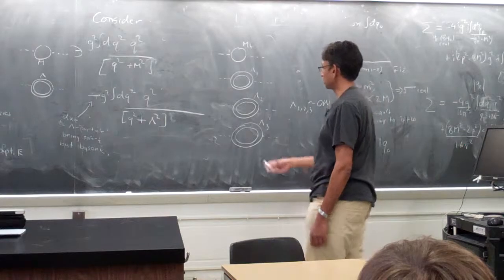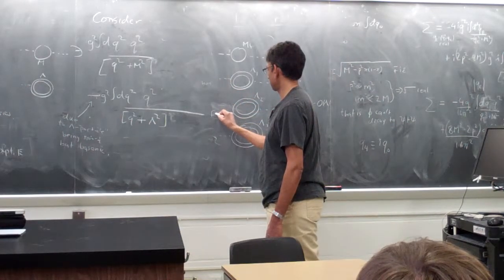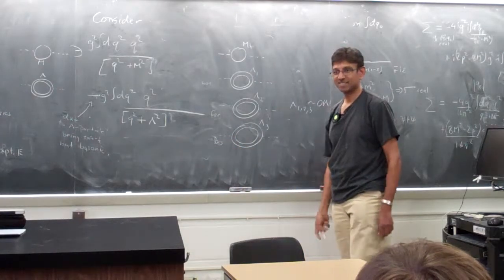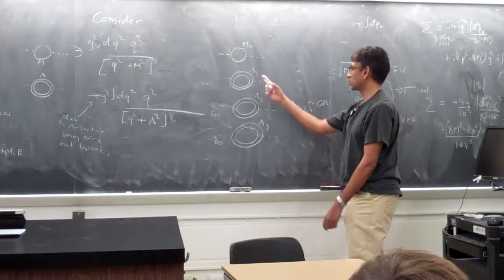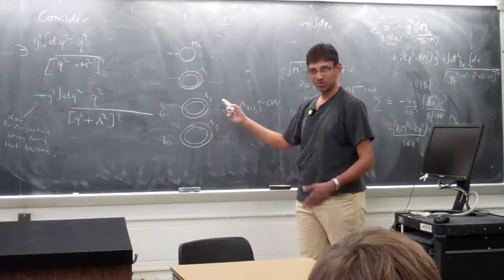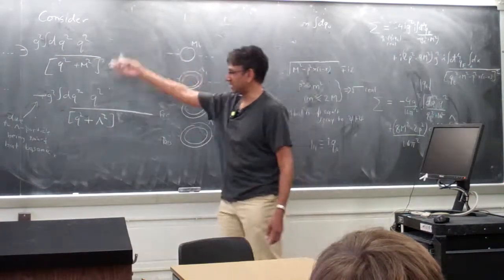And you can choose the statistics, so this is a boson, this is a fermion, and this is a boson. Okay? Some pluses and minuses. You can choose them, and you can choose the exact ratios, like is lambda 1 twice lambda 2. You just play with it yourself. You can choose it so that even this thing is convergent.